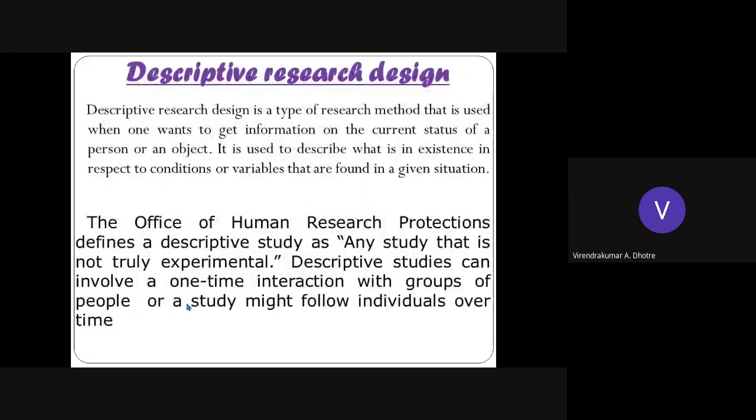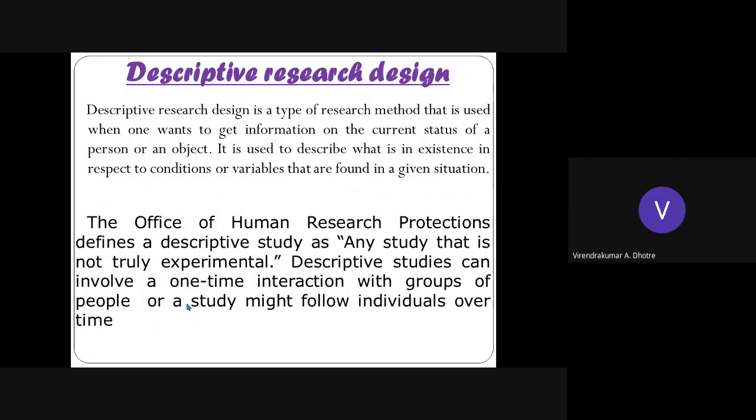Descriptive research. Already, I think in the last lecture itself, we have seen the different types, four types. We will just see the descriptive research design. It is a research method which is used when somebody wants to get information on the current status of a particular subject or object, or regarding any person also.